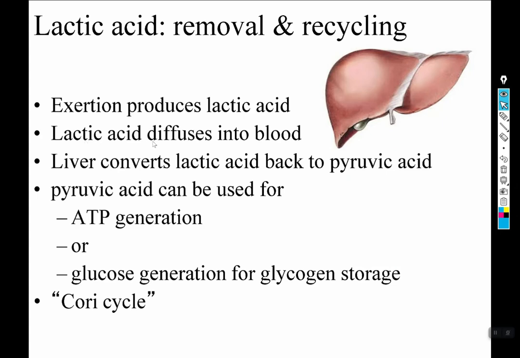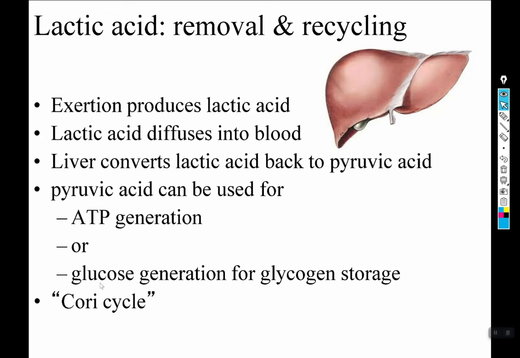Or we can also glue some pyruvates back together to remake glucose for glycogen storage. So the making of glucose from stuff that's not glucose is a magic trick that your liver can do, which is called gluconeogenesis. So that's glucose, new, genesis, to make. So gluconeogenesis is when your liver makes new glucose out of stuff that wasn't glucose before.